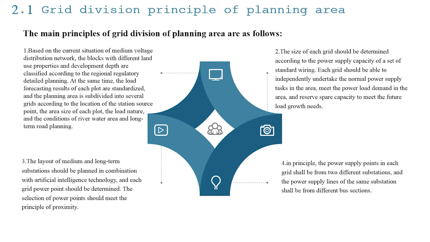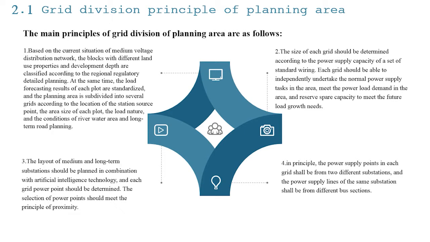Second, the size of each grade should be determined according to the power supply capacity of a set of standard wiring. Third, the layout of medium and long-term substations should be planned in combination with artificial intelligence technology, and each grade power point should be determined.